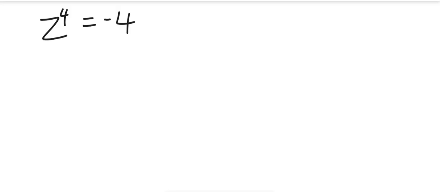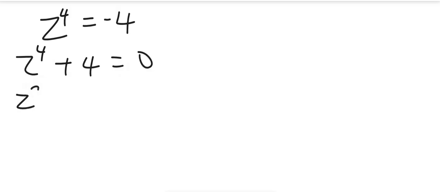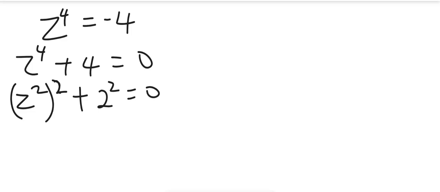If I take negative 4 to the left, I have z to the power of 4 plus 4 is equal to 0. I can write both of them as power of 2. Since I can write both of them as power of 2, this method is faster, to me.